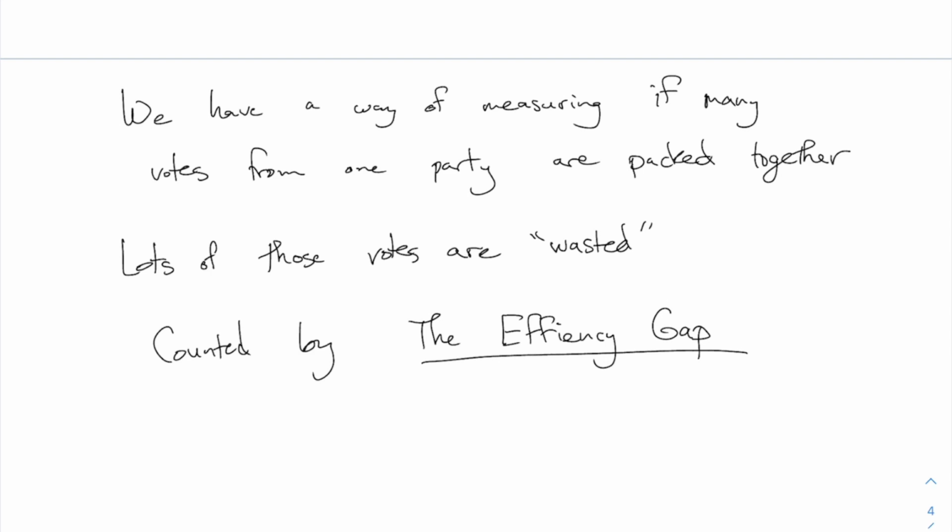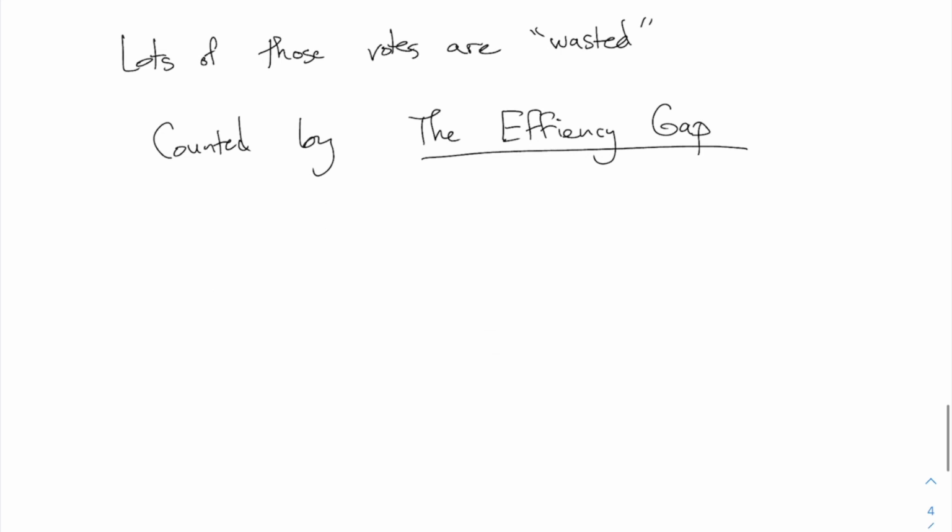And then if one or the other party is wasting far more votes than the other one, then you can conclude that some kind of funny business is going on with the maps. That's the idea behind the efficiency gap. All right. Any questions about that? We're going to do some real numbers, some real examples here. But this is the basic idea, the efficiency gap.